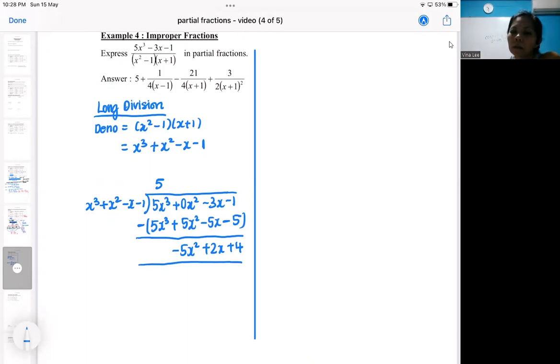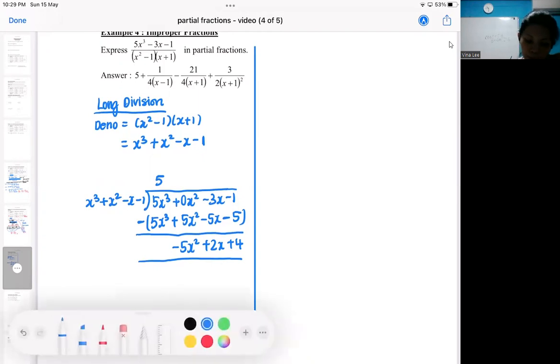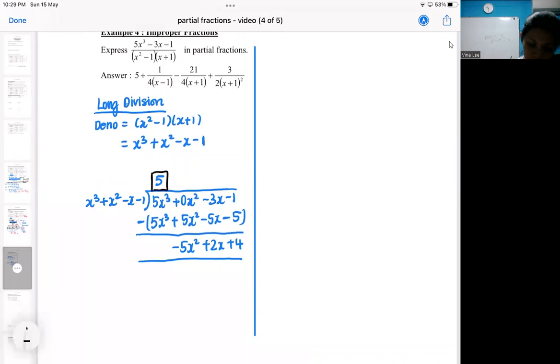So the purpose of the long division is to make the proper fraction appear. So where is the proper fraction? This is the proper fraction.